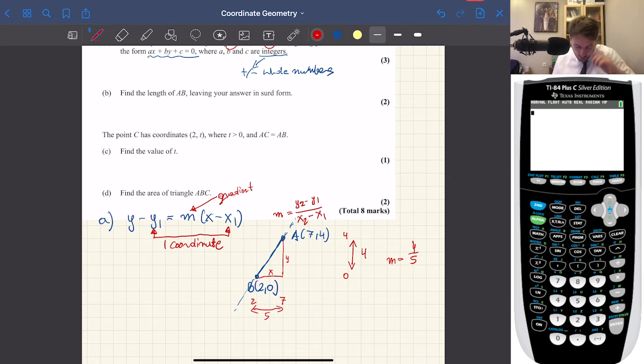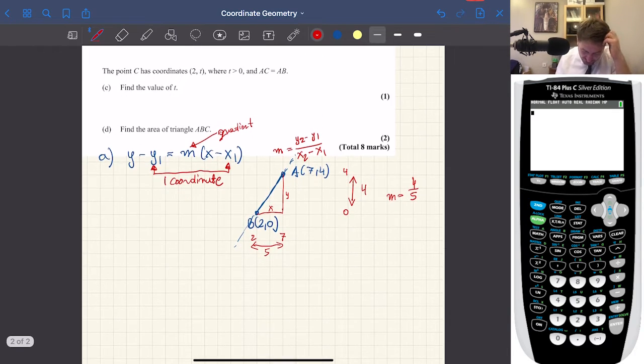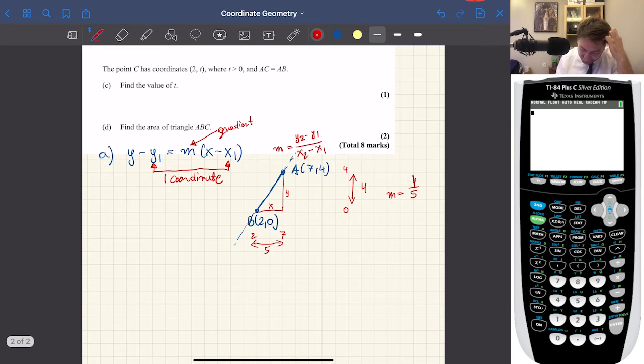So what else do we need to do? Let's put stuff in the formula now because we've got everything. I'm going to write the formula one more time, because I like to write formulas. y1 is my y coordinate.